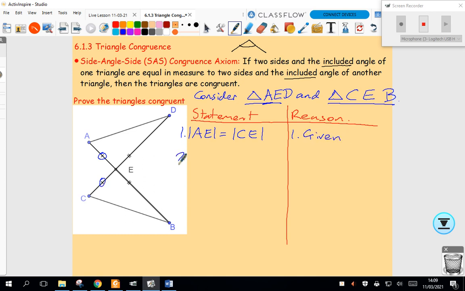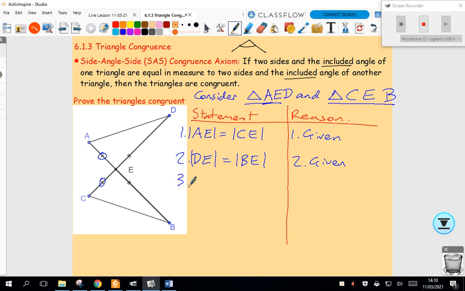And then my second statement here is going to be that D to E is equal in measure to B to E. And that's also given. And notice how I'm naming these DE. I didn't say EB, I said B to E because I want the order to be good all the time.